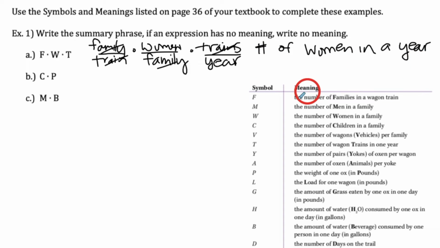Let's look at the next one, C times P. So C is the number of children in a family, and P is the weight of an ox. If you were to multiply the number of children in a family times the weight of an ox, that has no meaning. That is your answer.